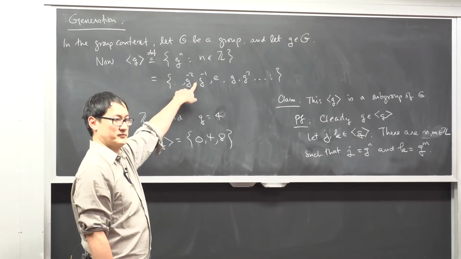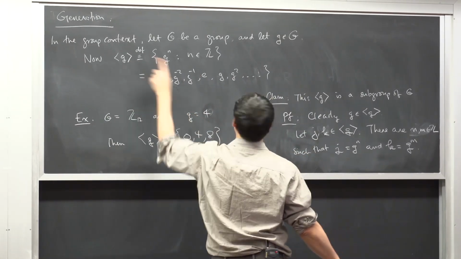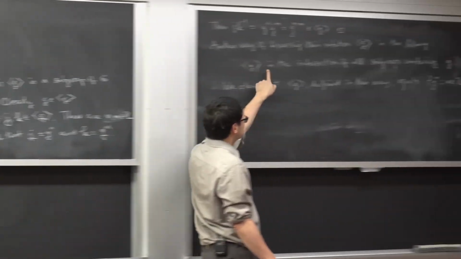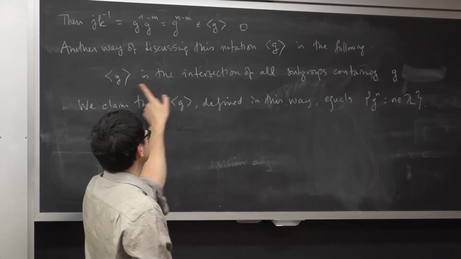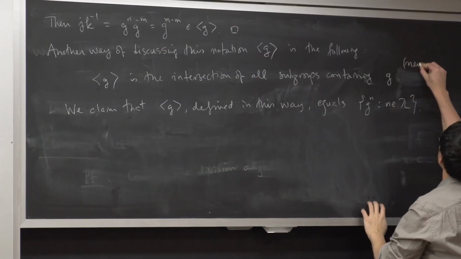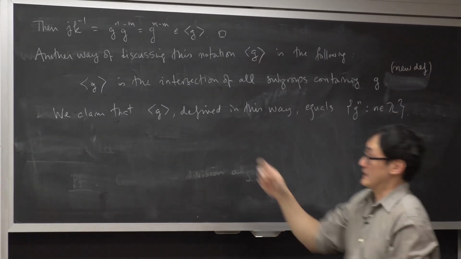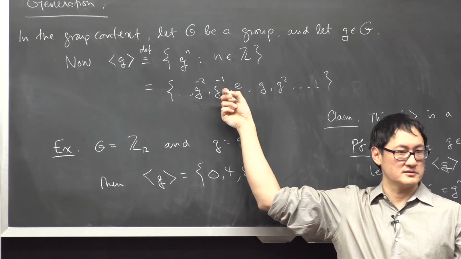Here I made the definition that this was equal to this, which is perfectly fine. Here I'm not defining it this way. I'm defining G this way. This is my new definition of G. I want to show that with this new definition, I get this as a result. Does that make sense? Okay?